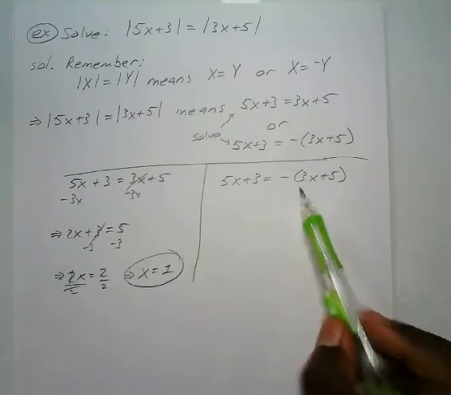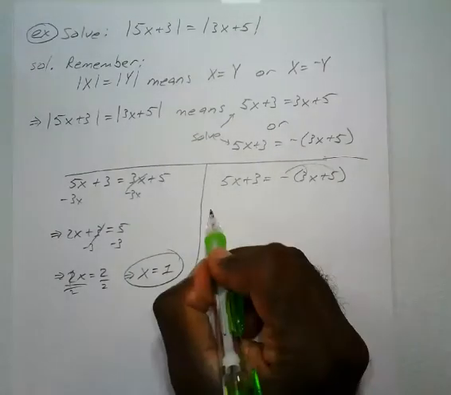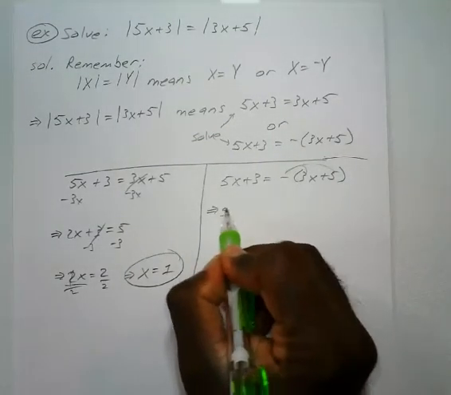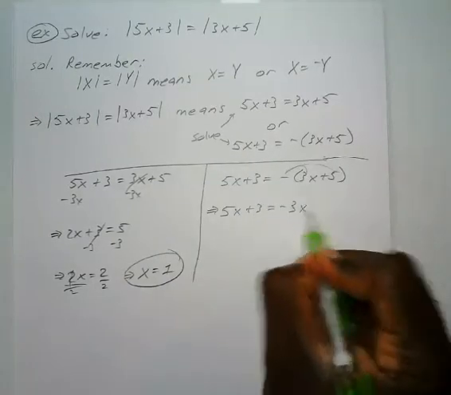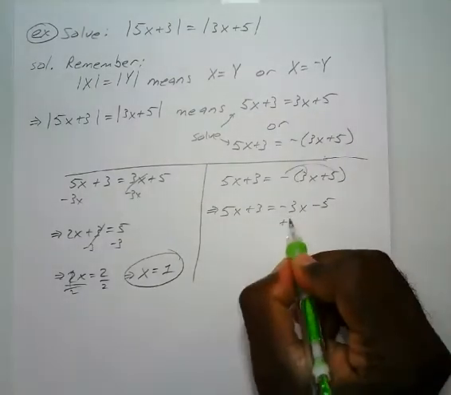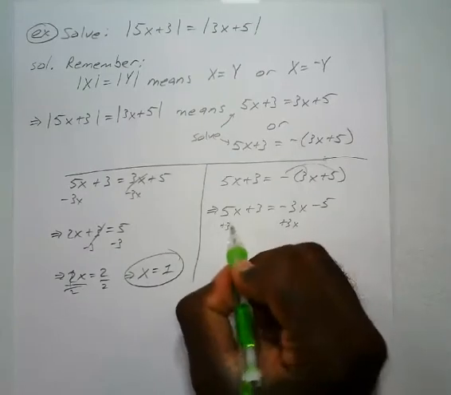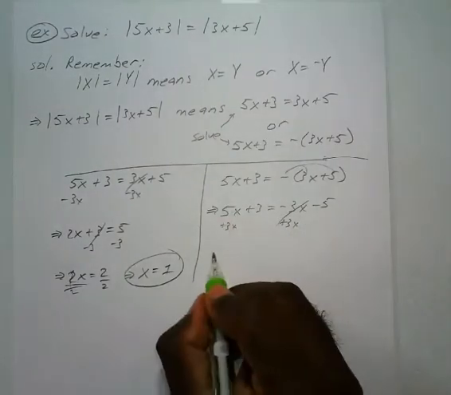Okay, so again we solve here, but first we just distribute the negative. So 5x plus 3 equals negative 3x minus 5. This time we're going to add 3x to both sides. 5x plus 3x is 8x.